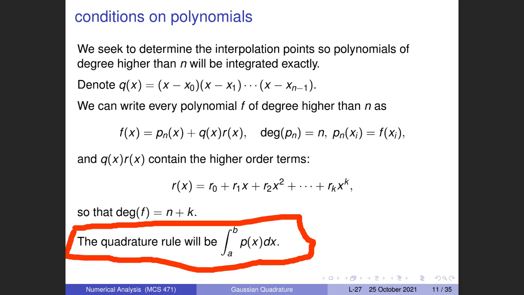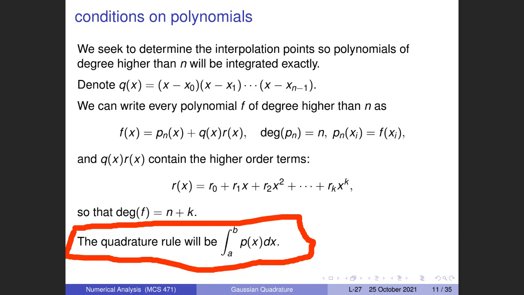Let me try to explain that again. We can write any higher degree polynomial as the quotient times a divisor plus a remainder. The notation is a little bit off. The interpolating polynomial is actually Q, our divisor, and the Pn is actually the remainder.